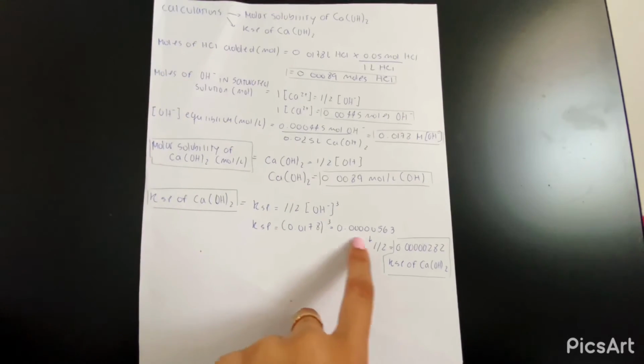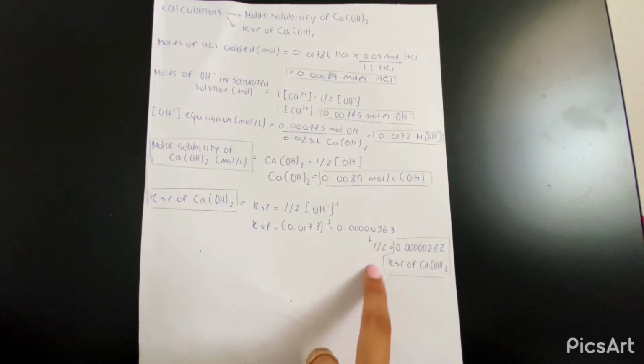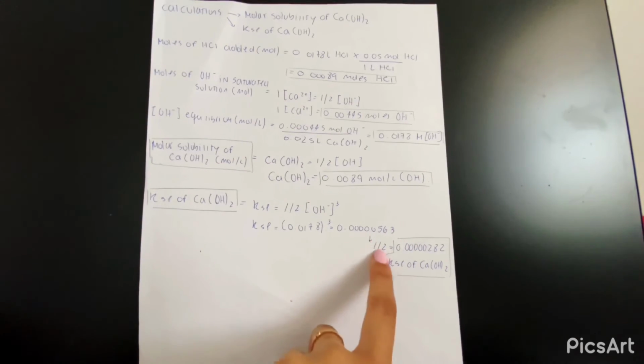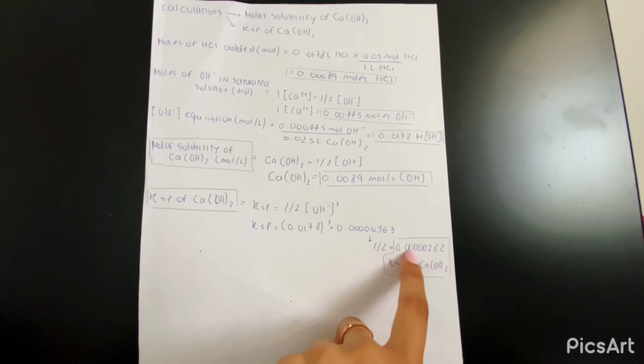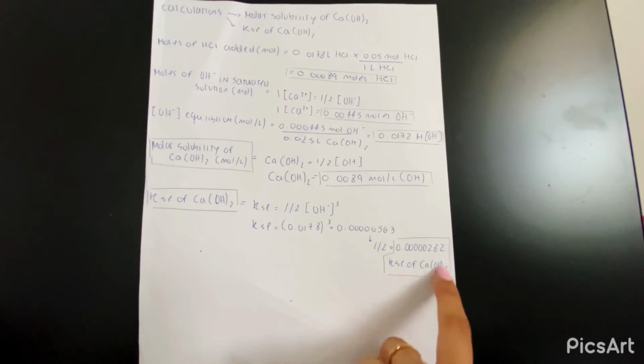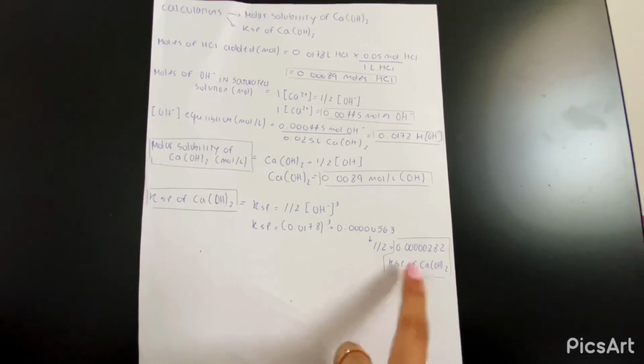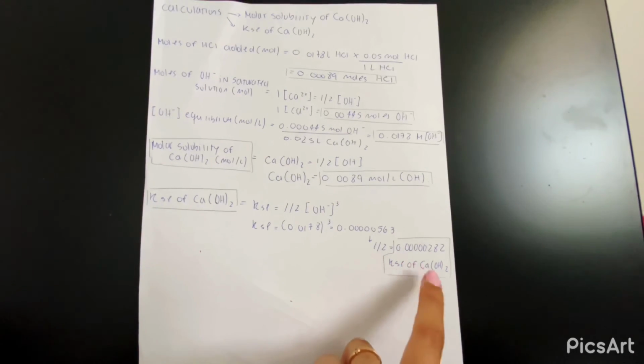We're going to have our result, that is 0.0000563, and then when we take half of this number, we're going to end up with 0.0000282, and that's going to be the Ksp for our calcium hydroxide. That's how we solve for the Ksp of our calcium hydroxide.